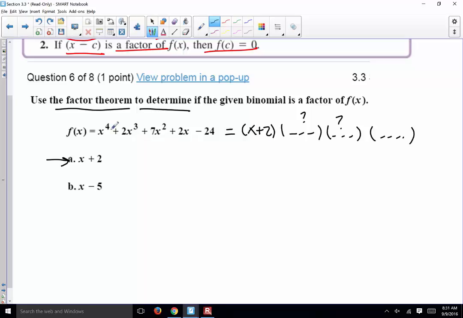How can you test? Perfect. Plug in minus 2, the opposite of this number here, and see if you get 0. This is the fastest way. What is another, longer way? You're using the factor theorem, this is how you're supposed to do it.